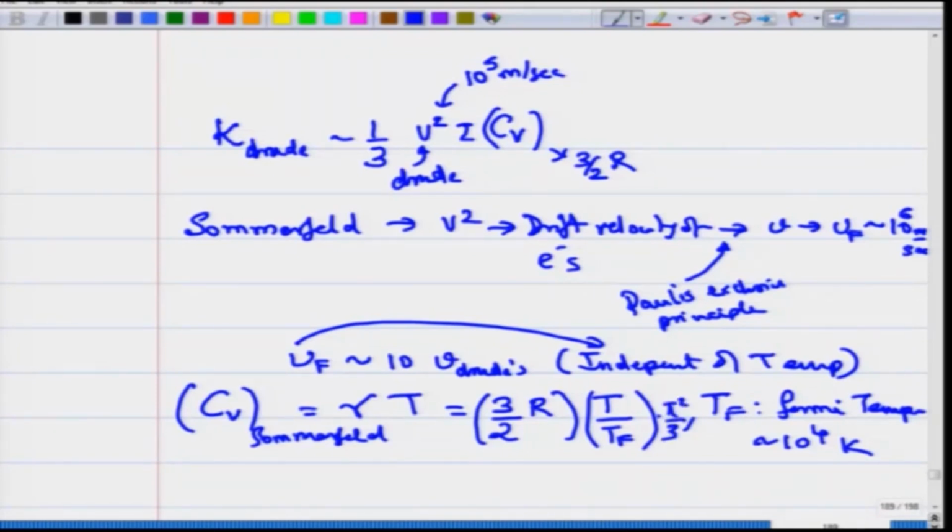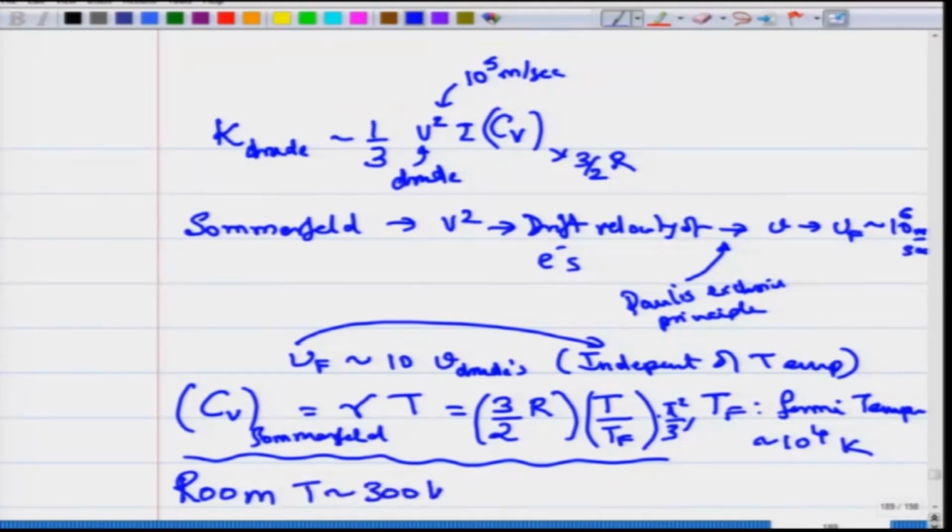This I had shown in my earlier lecture, that the Sommerfeld Cv is 3 by 2 R, which is there in your Drude's model also, but it is multiplied by a factor which is T by Tf into pi square by 3. Now, at room temperature, which is of the order of 300 K, this T by Tf becomes of the order of 10 raised to minus 2.